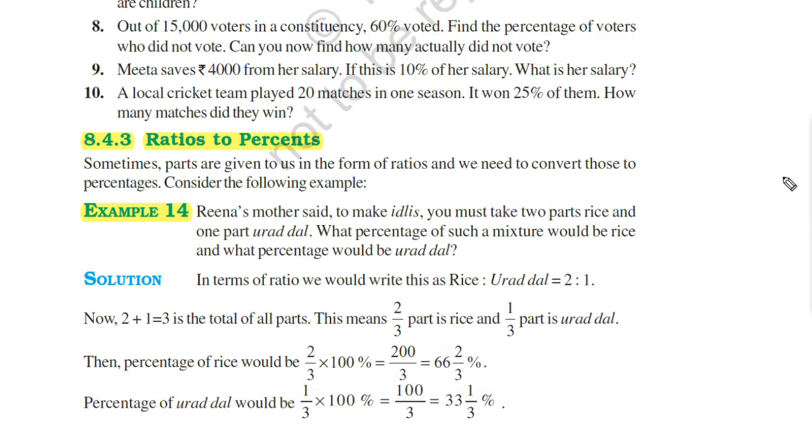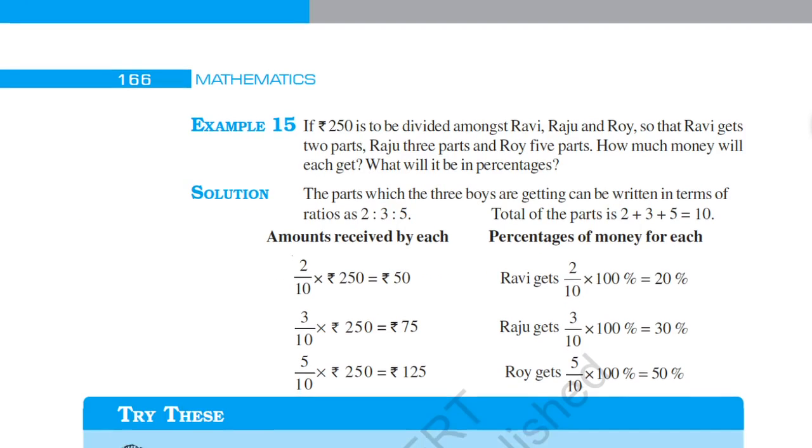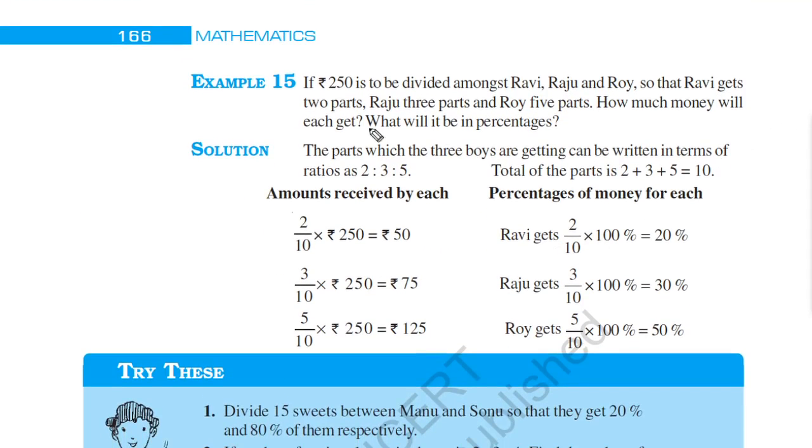Now we'll take another example, so it will be a little bit clearer for you. In this example, 250 rupees is to be divided among Ravi, Raju and Roy. So 3 friends are there, so that Ravi gets 2 parts, Raju gets 3 parts, and Roy 5 parts.